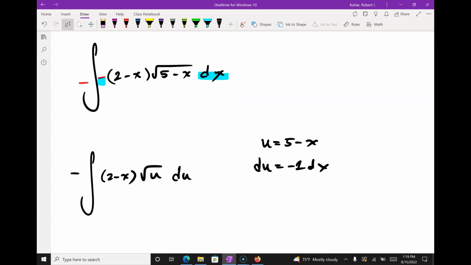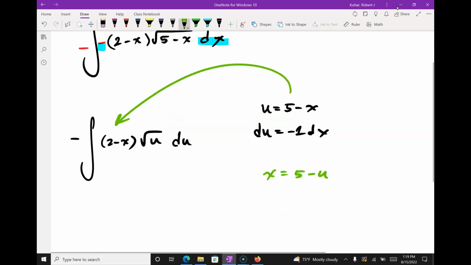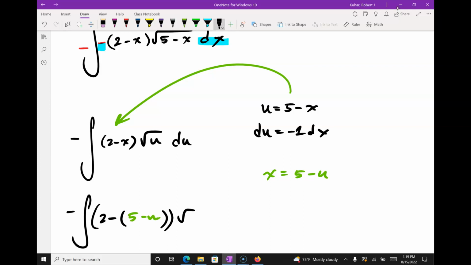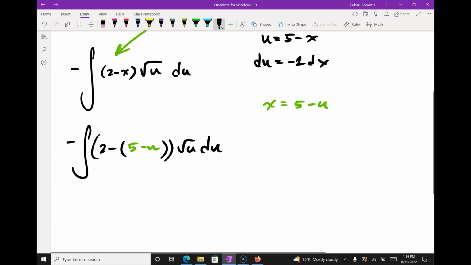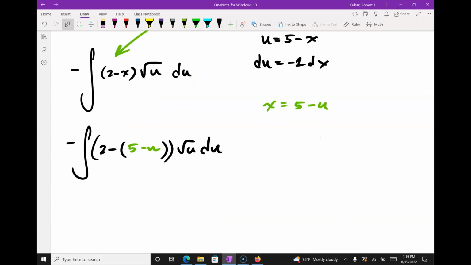Is that okay? I see my leftover x here, and I don't know if it's going to work, but I'm going to try it. I'm going to solve this for x. I get x equals 5 minus u, and I put that in for x. Well, I'm happy now because there's no more x's involved.